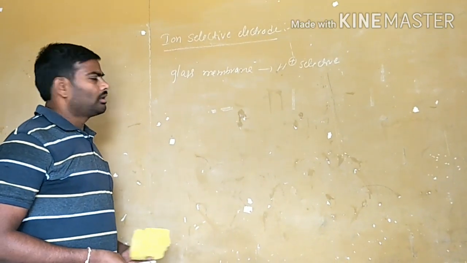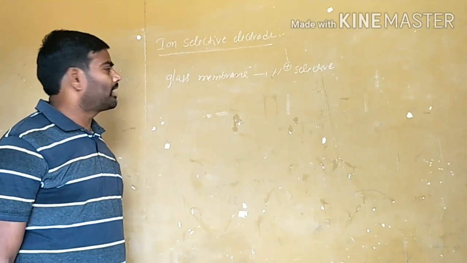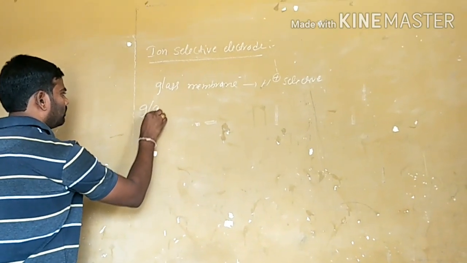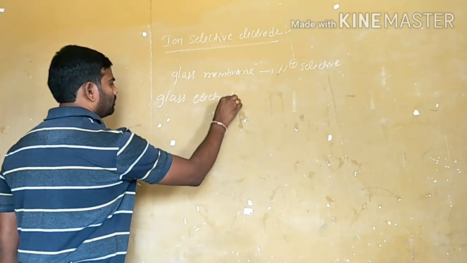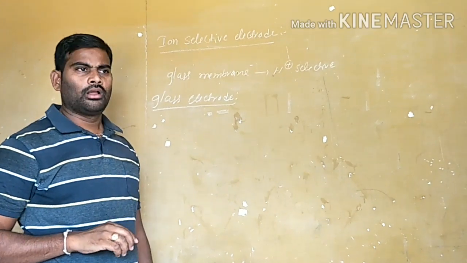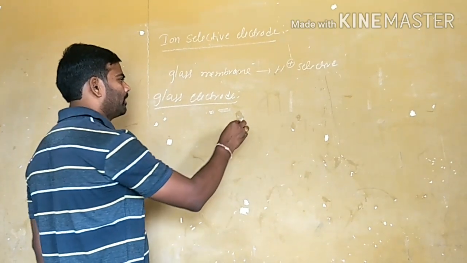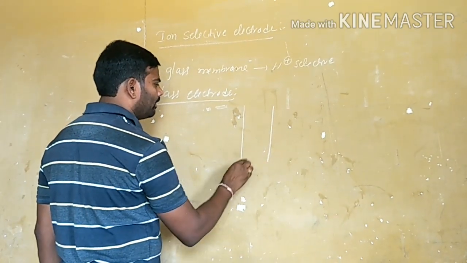One example of this ion selective electrode is the glass electrode. The construction of this glass electrode: we take a thin walled glass bulb.